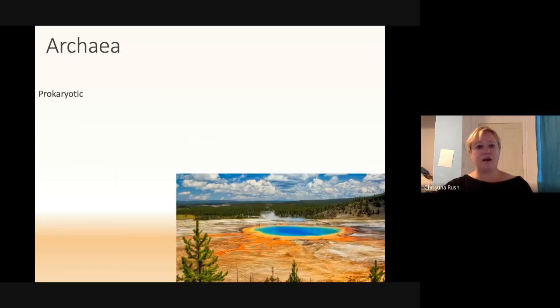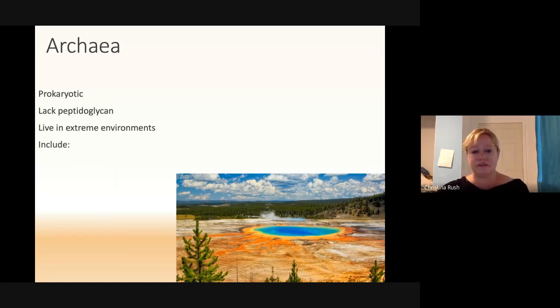Archaea. Archaea are prokaryotic. Again, no organelles. Archaea lack peptidoglycan. Instead, they have pseudomurein cell walls, so they're not going to gram stain. They tend to live in extreme environments, which is why we have the picture of Yellowstone Park here. And these extreme environments include methanogens.